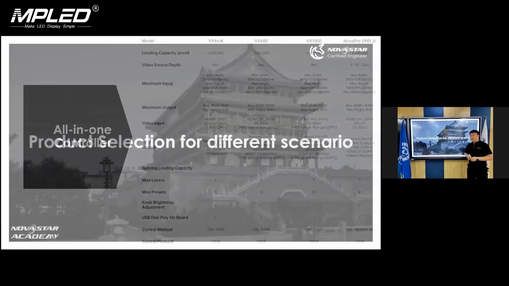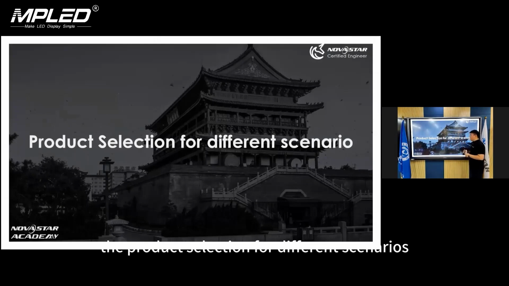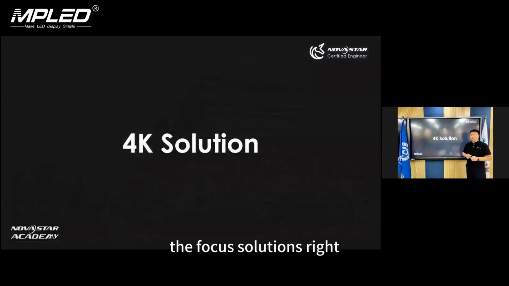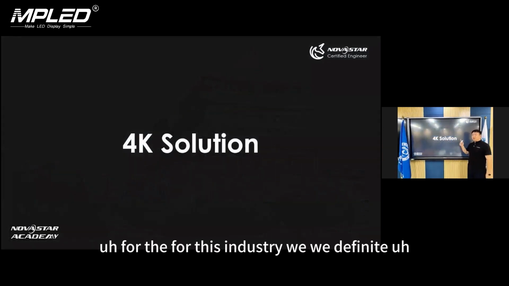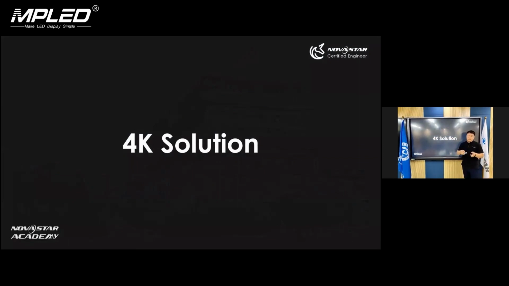Okay. Now we need to talk about the product selection for different scenarios. As we know, in the market, the LED screen has become more and more common for different projects. For example, the 4K solutions, right? In this industry, we define the 4K solution with two resolutions.